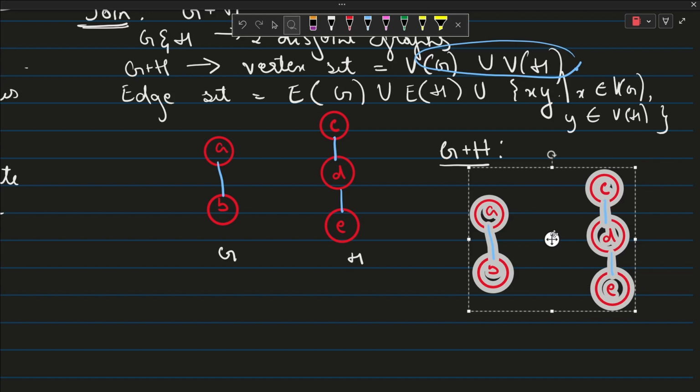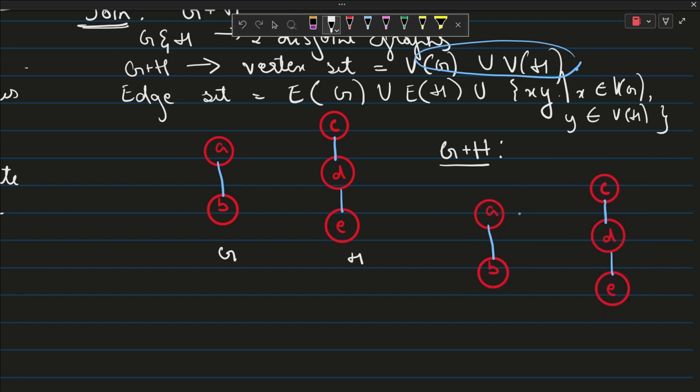It will contain all the vertices, as shown here. And when it comes to edges, it will contain edges of G, edges of H, and all the other edges. So this is the join.